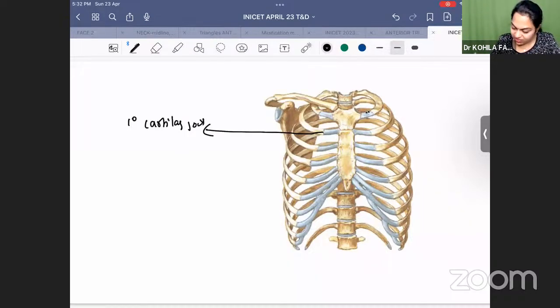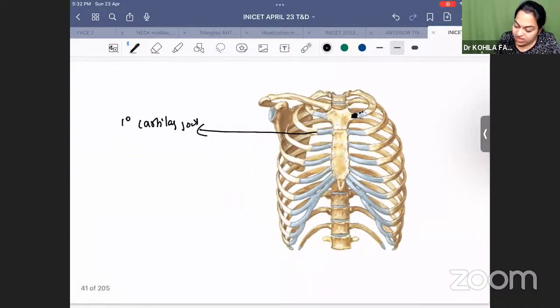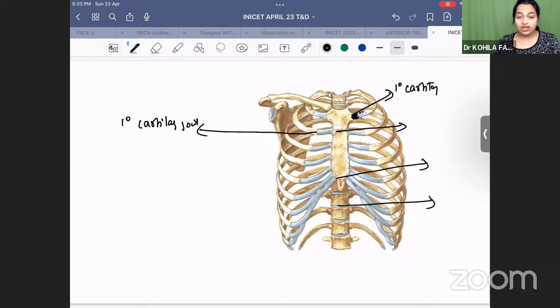Okay, here. Yeah, this joint here between the first costal cartilage and the sternum. It is fixed, right? Not much movement there. So again, this is a primary cartilaginous joint, right? And all the midline joints in the body, the manubriosternal, the xiphisternal, and the intervertebral joints, all of them are going to be secondary cartilaginous joints, right?